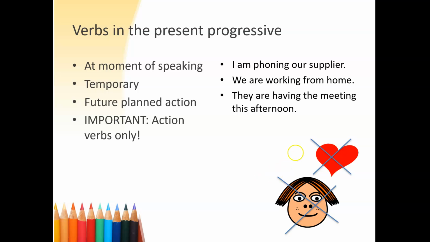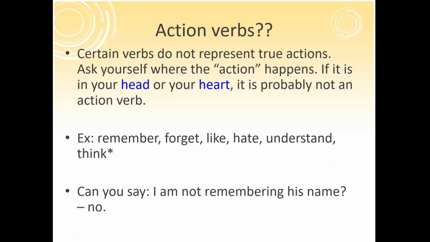As for action verbs, if I have ever been your teacher before, then you will have heard me talk about this. If the action happens in your head or in your heart, then we generally do not put an ing on those verbs. So I'll show you what I mean. Verbs like remember, forget, like, hate, understand, these are non-action verbs.